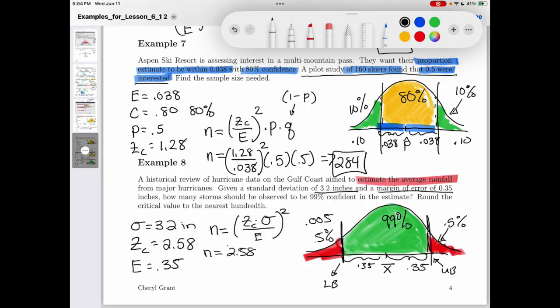I'm going to multiply that by my standard deviation, which is 3.2, divide by my error, which is 0.35, and take all of that and square it. When I do that and round up to the nearest whole number, the answer should be 556. So we should have 556 observations in that sample.